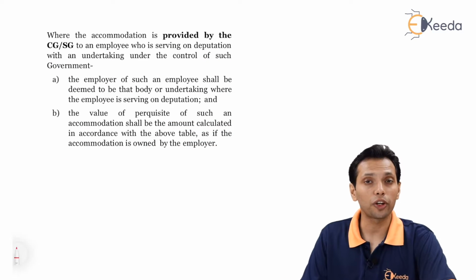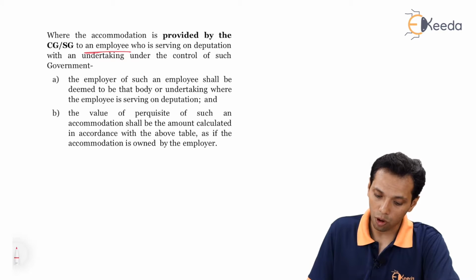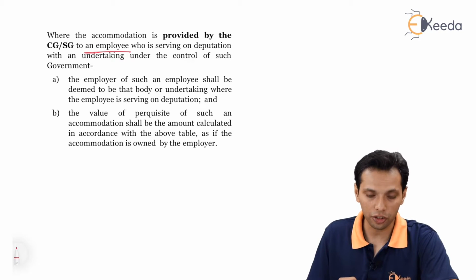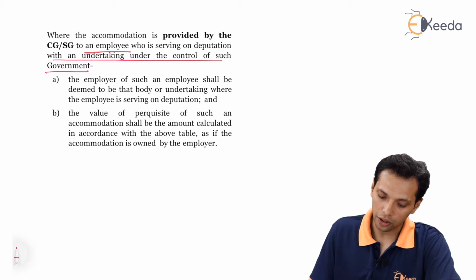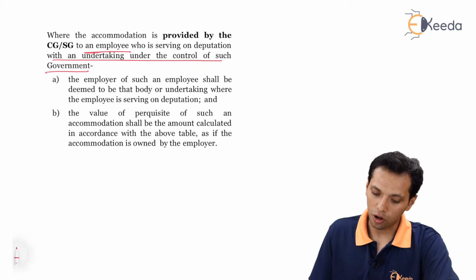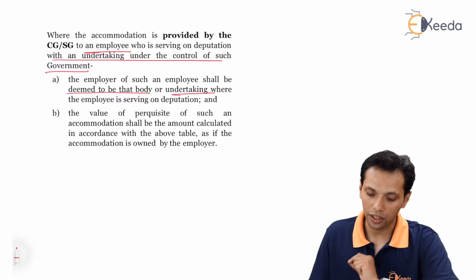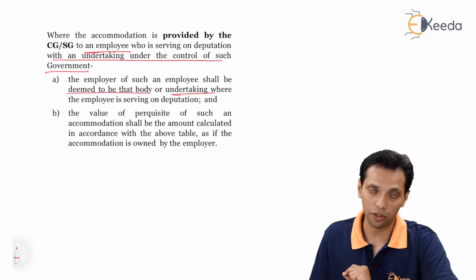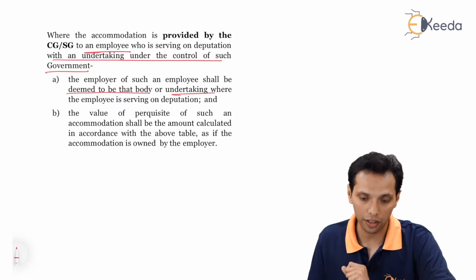Next point is where accommodation is provided by the central government or state government to an employee who is serving on deputation with an undertaking under the control of such government. The employer of such an employee shall be deemed to be that body or undertaking where the employee is serving on deputation. So the person over here is sent on deputation with an undertaking.